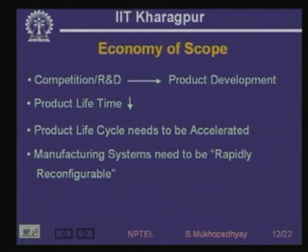So you have to have machines which can today make PCBs like this, tomorrow make entirely different PCBs. So they have to be rapidly reconfigurable. How can a manufacturing system be rapidly reconfigurable?